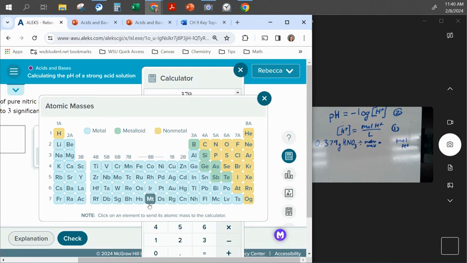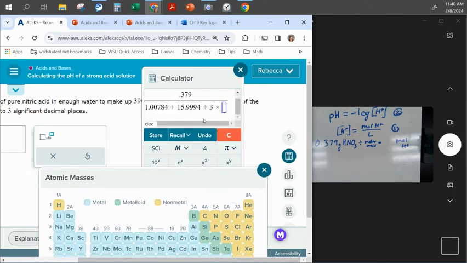That was oxygen, I need oxygen times 3. And then plus 1 nitrogen. Okay, so this will give me the number of moles of hydrogen.